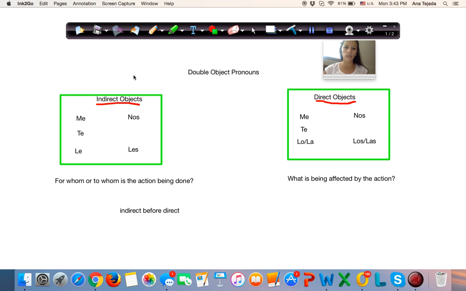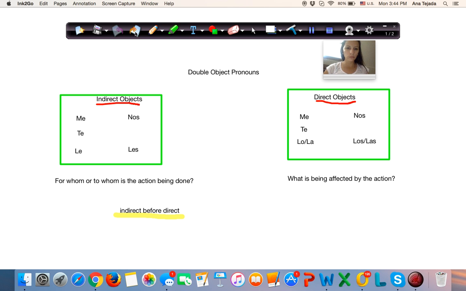So here it is, the rule that we use. Indirect before direct. Always follow this order. Indirect before direct. So this is going to go first and this is going to be second. Okay? Let's look at some examples, so this is going to make a lot more sense.